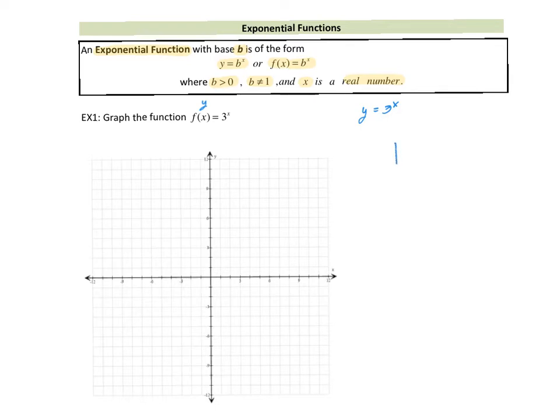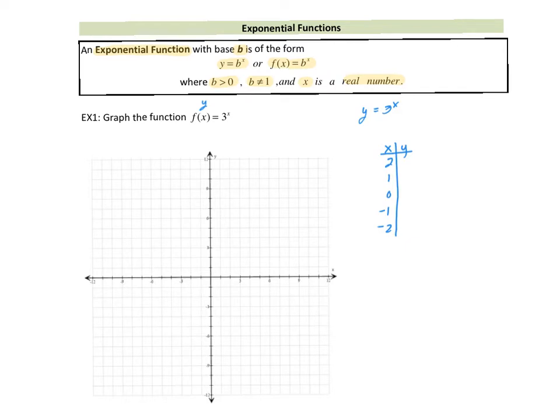What I'm going to do is look at some values that we usually use for exponential functions. Usually we'll look at 2 to negative 2. I'll start with the positive values. I'll start with a positive 2, go 1, 0, negative 1, negative 2, and see if these points will give me enough of my graph so I can draw the curve.